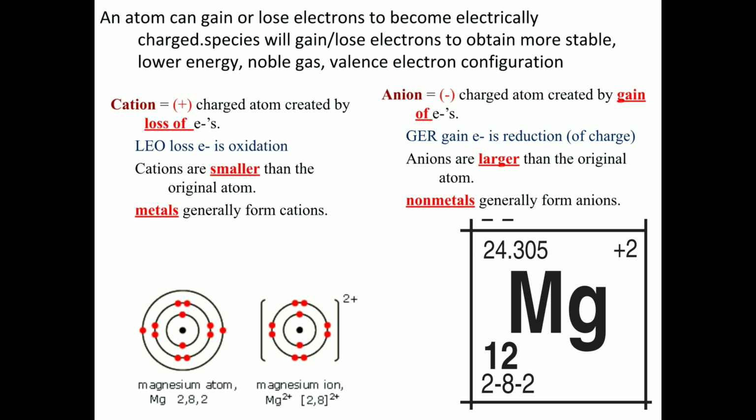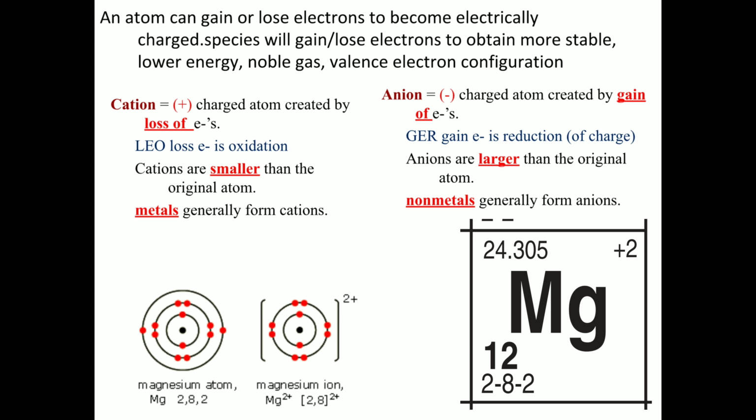Again, as a review, cations or positive ions are formed when electrons are lost. We can remember this using the mnemonic device, Leo the lion says grr. Leo, the loss of electrons is oxidation. When you lose electrons, the species will become smaller.